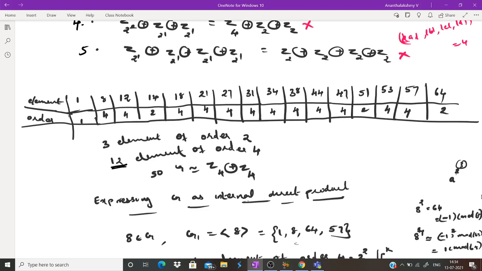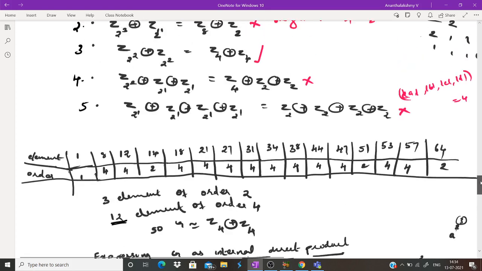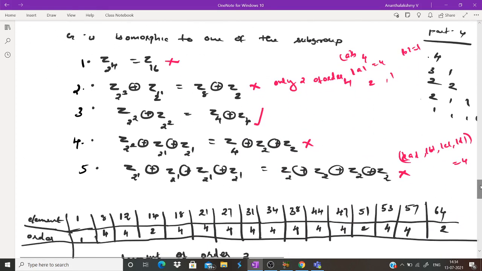So there are 12 elements of order 4 and 3 elements of order 2. So comparing the order of elements in each of these abelian groups, 2, 3, 4, 5, how many elements are there of order 2 and order 4?